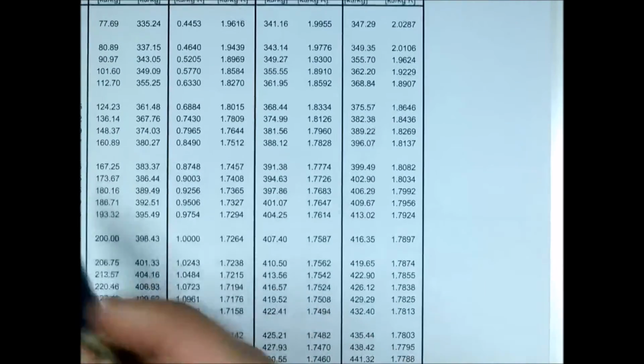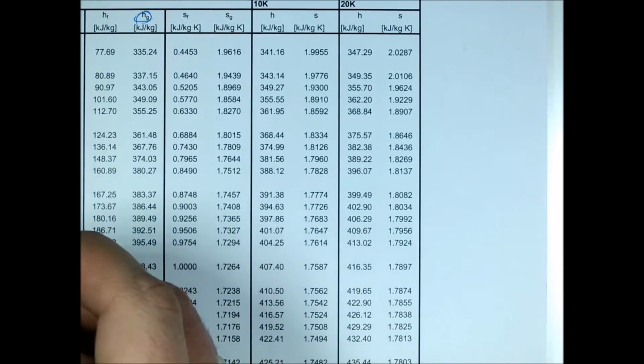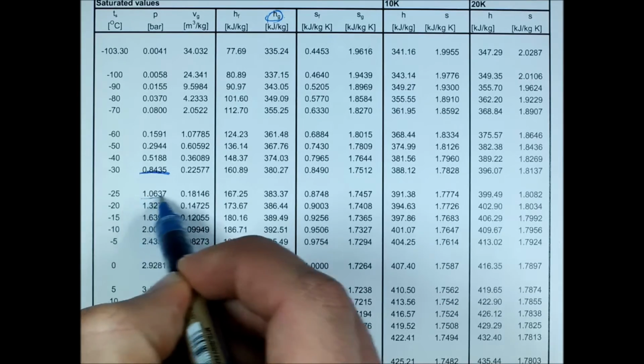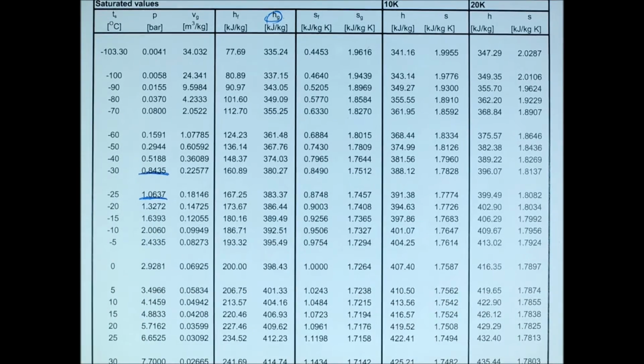Our value of interest here is, we said, 1 bar. So our low value is 0.8435. High value is this 1.0637.